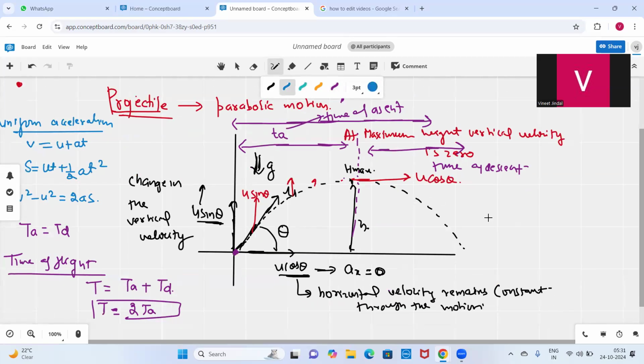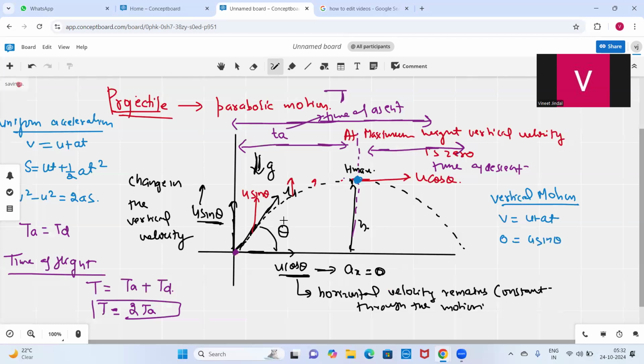Now, we will take the vertical motion first. v is equal to u plus at. At the top of the height, the vertical velocity is 0. Initial vertical velocity is u sin theta.